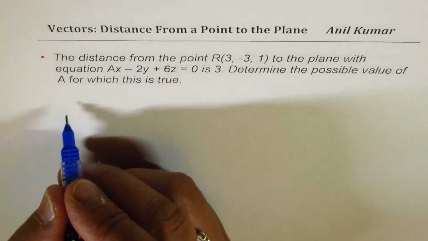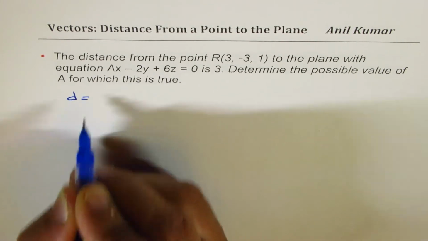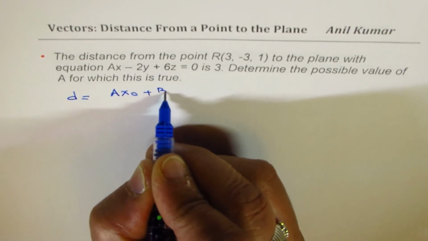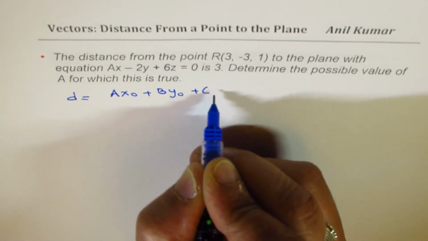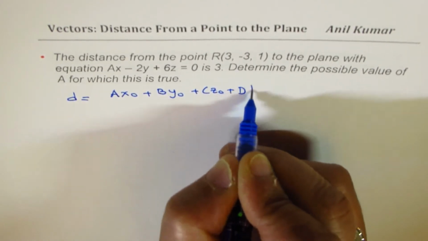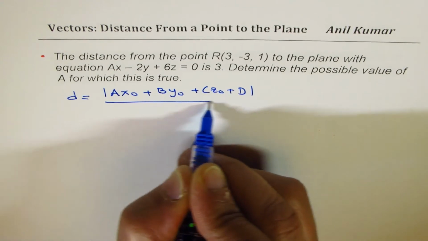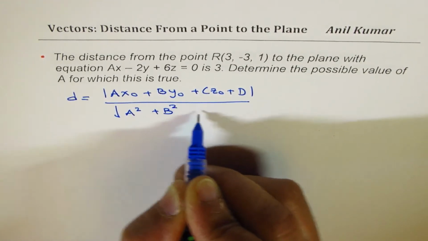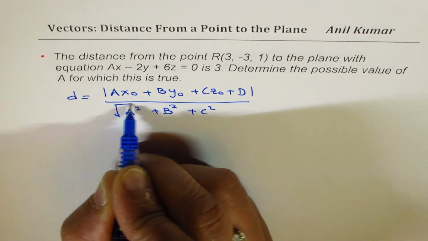That is to say that in this formula, distance equals |Ax0 + By0 + Cz0 + D| divided by the square root of A squared plus B squared plus C squared.